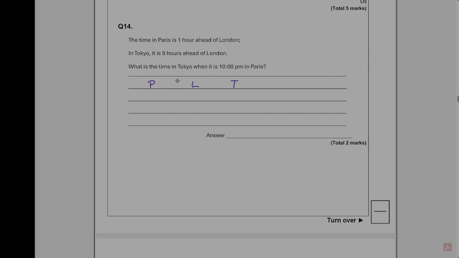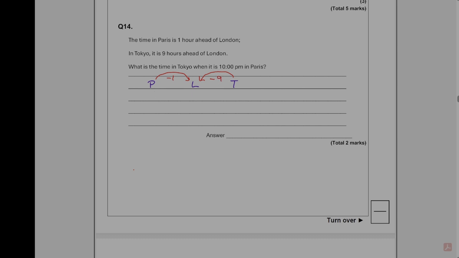To get from Paris to London, if Paris is 1 hour ahead of London, I would need to subtract 1 hour. In Tokyo, it is 9 hours ahead of London. So if I was in Tokyo and I wanted to get to London, I would need to minus 9.